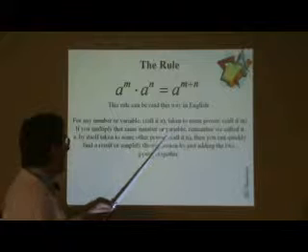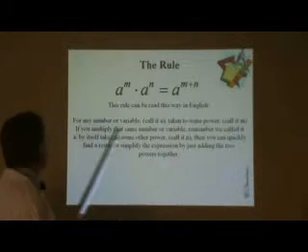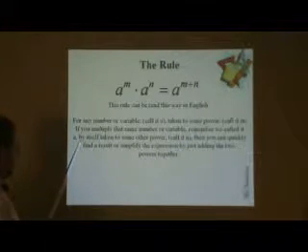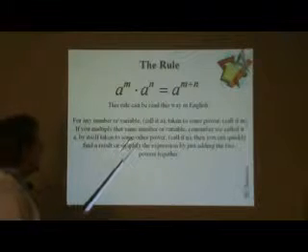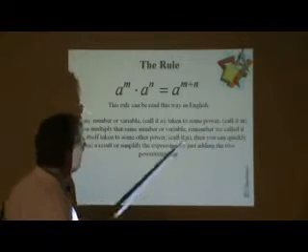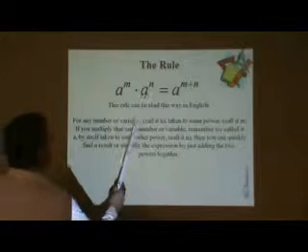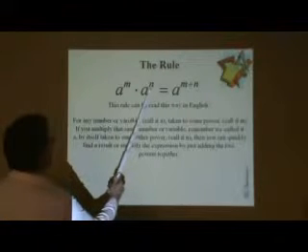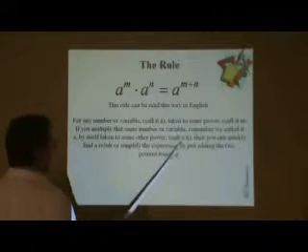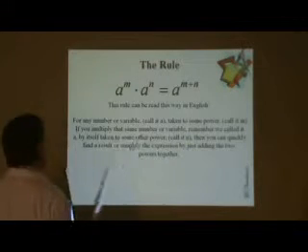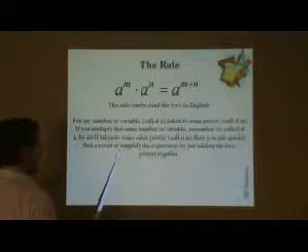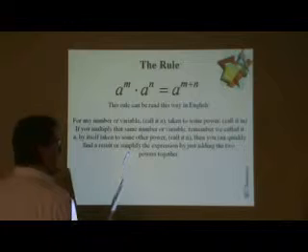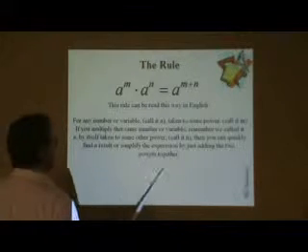That same number or variable, remember, we called it a by itself, and then taken to some other power, call it n. So we're having that same number taken to the n power, some other power. Then you can quickly find the result, or simplify this expression, just by adding the two powers together.